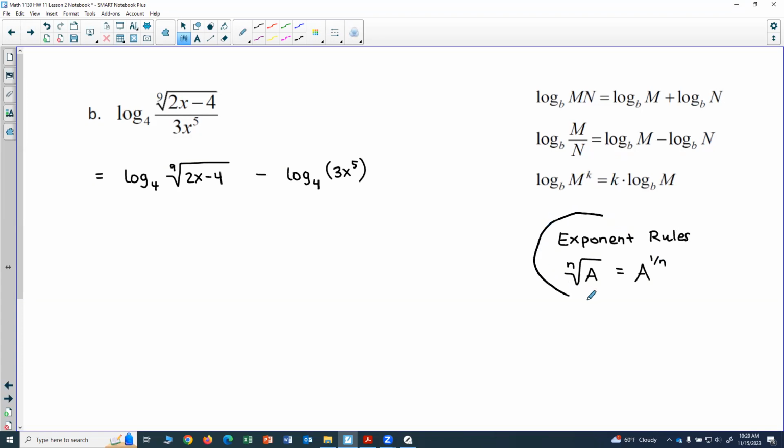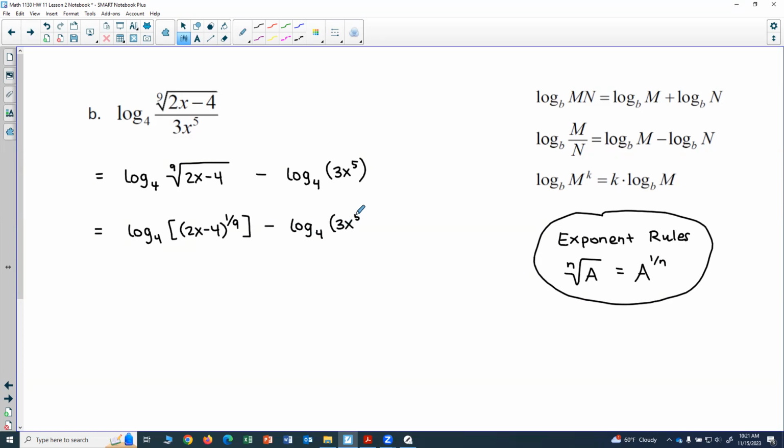So I'm going to use that exponent rule to rewrite the argument inside of the first logarithm. So my first logarithm will be log base 4, and then this will be 2x minus 4, close the parentheses, to the 1/9 power, because I have the 9th root. And then I have minus log base 4 of 3x to the 5th.